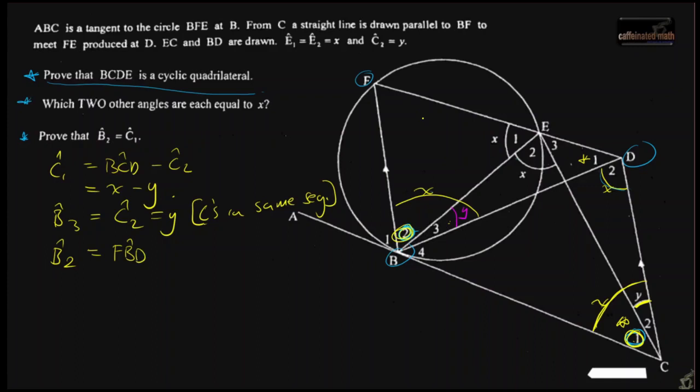Angle FBD, so B2 is equal to FBD, so that's marked in yellow, minus B3.